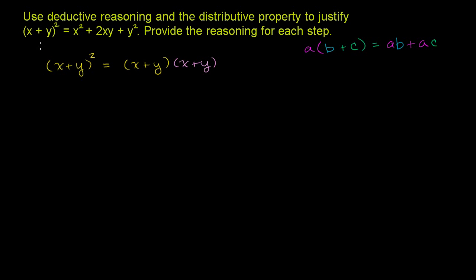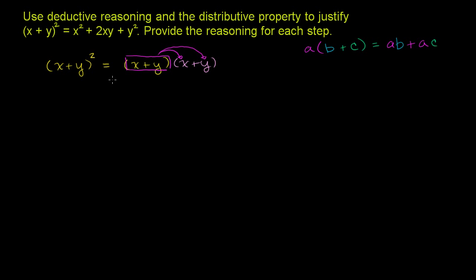Now, we can do the exact same thing here. Instead of an a, you can imagine this is an (x plus y). We can take this entire (x plus y) and distribute it onto both of the terms in the expression that it is multiplying. If this was an a, it would be ax plus ay. Now that it's an (x plus y), we multiply the (x plus y) times each of those terms, by the distributive property.